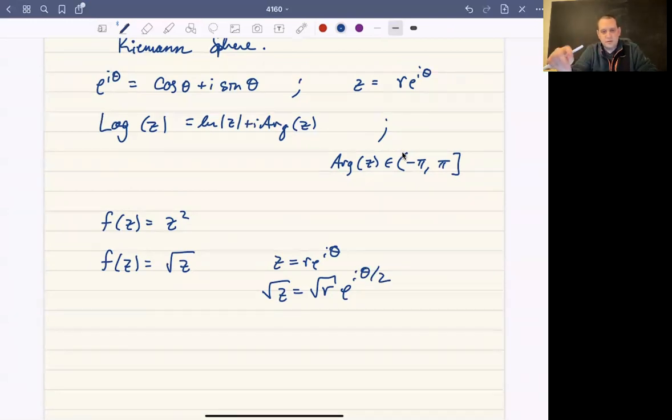So in particular, if you square a complex number, you square its modulus and you double its argument. You square the modulus and double the argument. So if you want to do the square root, you take the square root of the modulus and halve the argument. So that's kind of the intuition for why the square root is defined as it is.